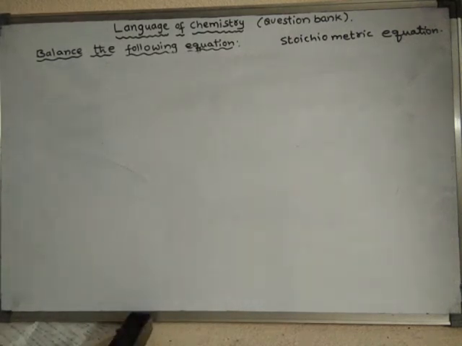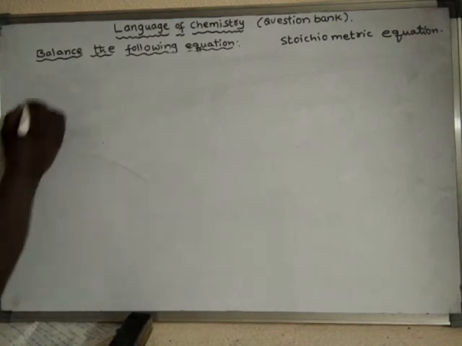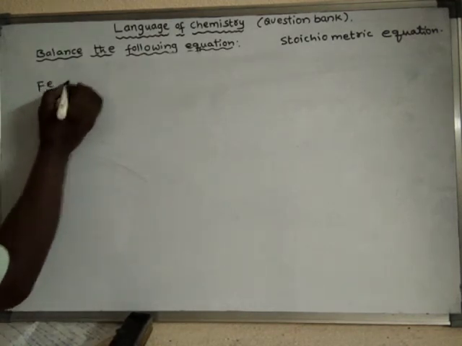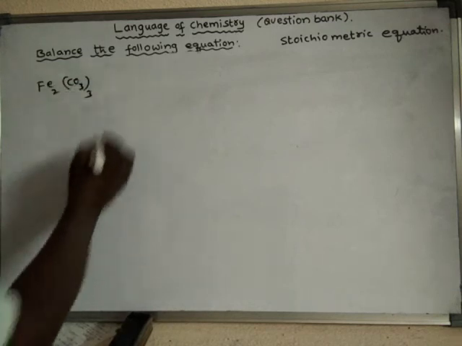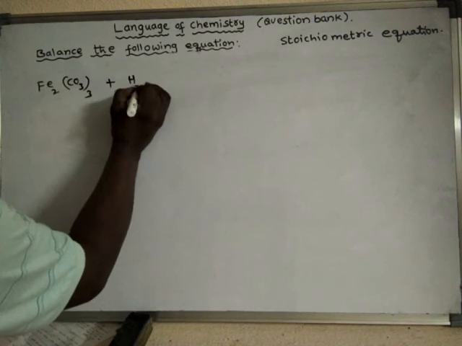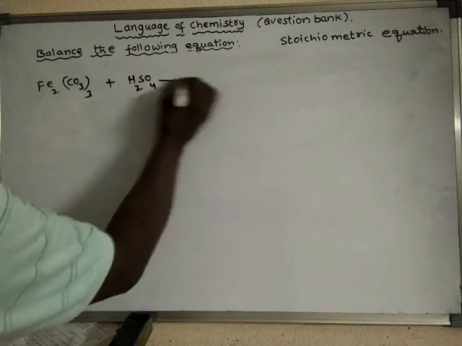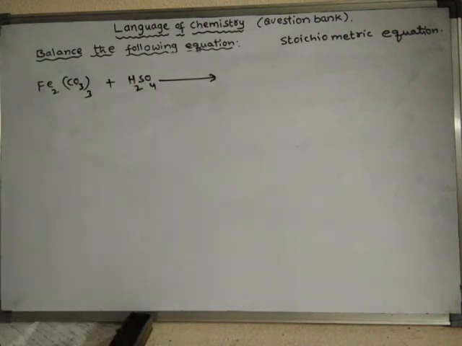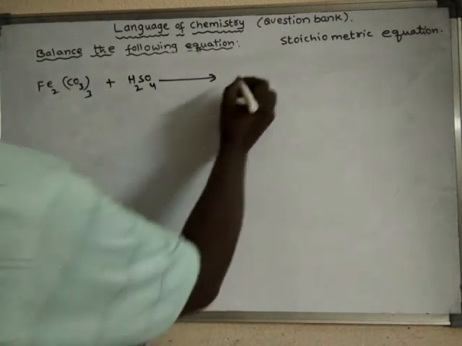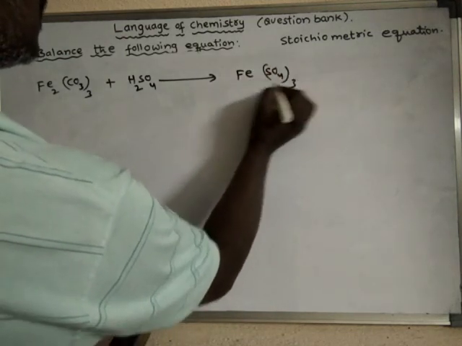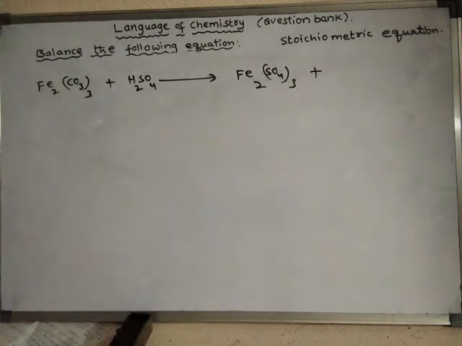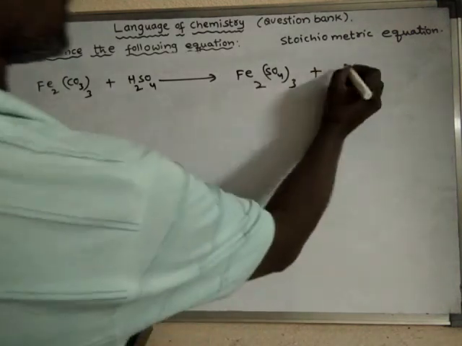So one more equation we will see. Ferric carbonate, when reacted with sulfuric acid, H2SO4, to form ferric sulfate, Fe2(SO4)3, plus carbon dioxide plus water.